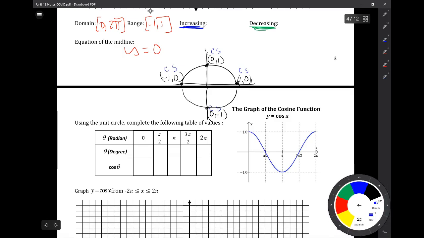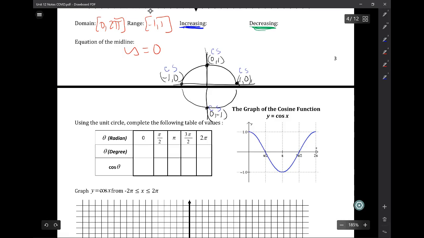So when I go around my curve, at 0 degrees it is 1, at 90 degrees it is 0, 180 it's negative 1, 270 it's 0, and then 360 we're back at 1. So this is 0 and 360.